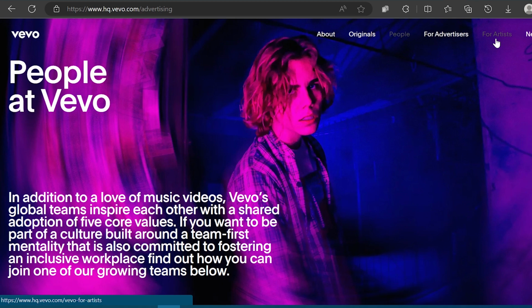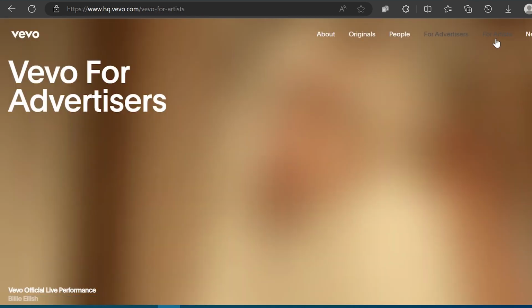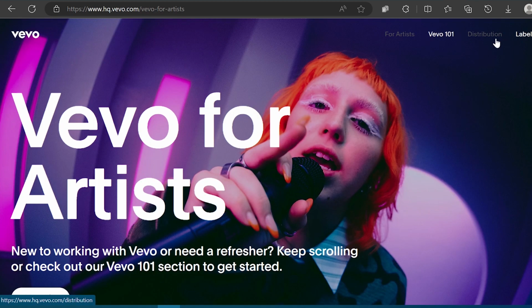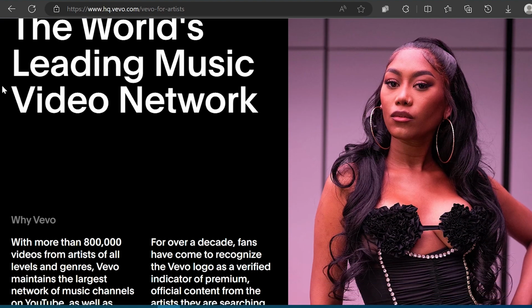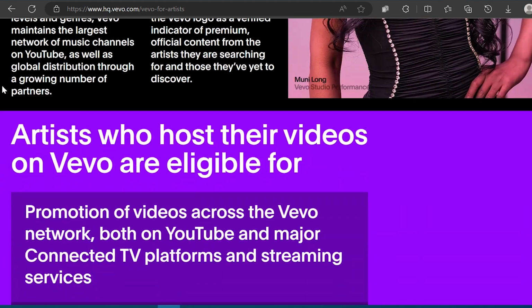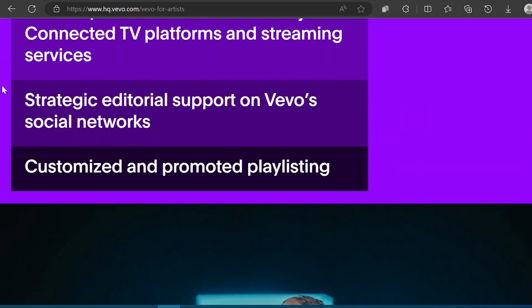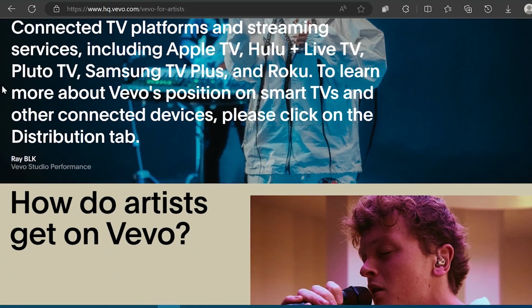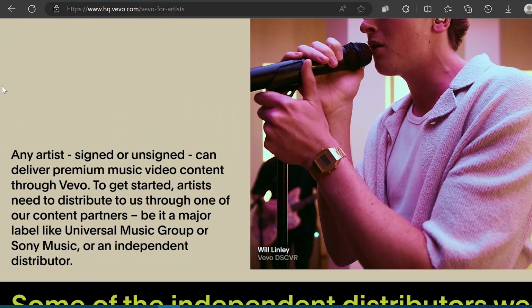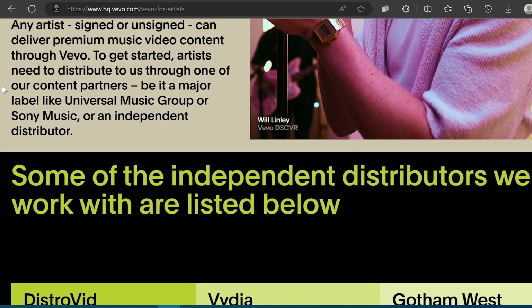The platform operates through its website, that's vevo.com, as well as its mobile apps and syndicated partnerships with various streaming platforms and websites. VEVO hosts a vast library of music videos from a wide range of artists across different genres. It offers a user-friendly interface, curated playlists and personalized recommendations to enhance the viewing experience for your music.